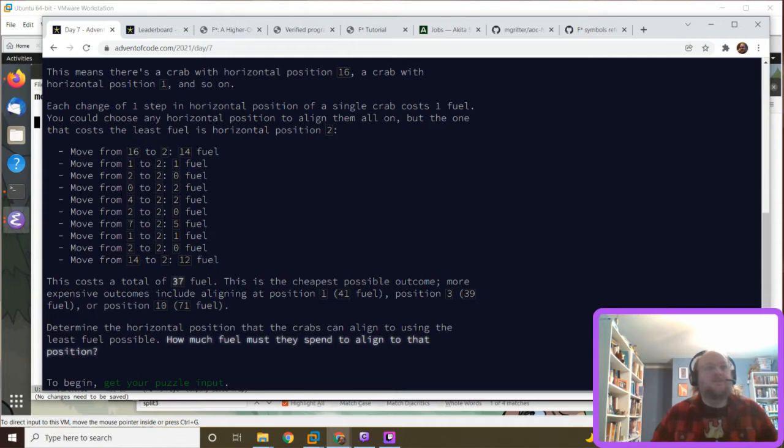Since if we move the spot left, everybody to the left of it goes down by 1, and everybody to the right of it goes up by 1. So is it the average or is it the median? Is it the mean or is it the median?